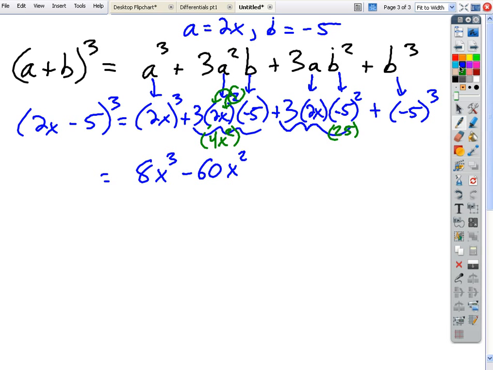So it's positive 150x. And then finally, negative 5 cubed. Well, 5 times 5 is 25, times 5 is 125. Positive or negative? Negative. Good, because we have a negative number to an odd power. So there it is.